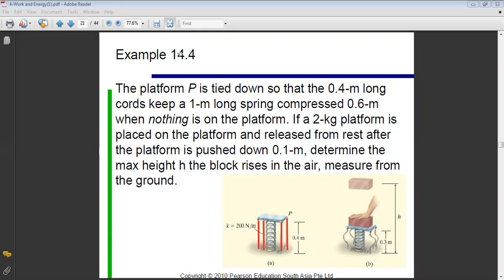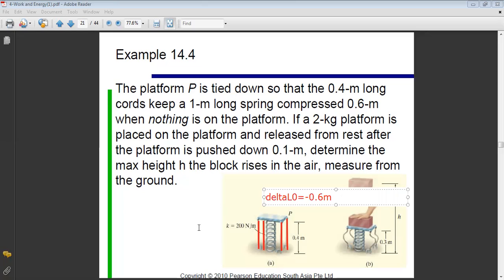This means that if I don't have anything on the plate, delta L is minus 0.6. So it's compressed. Delta L, I will call it state 0. So delta L0, if I don't have anything on the plate, equals minus 0.6 meters.